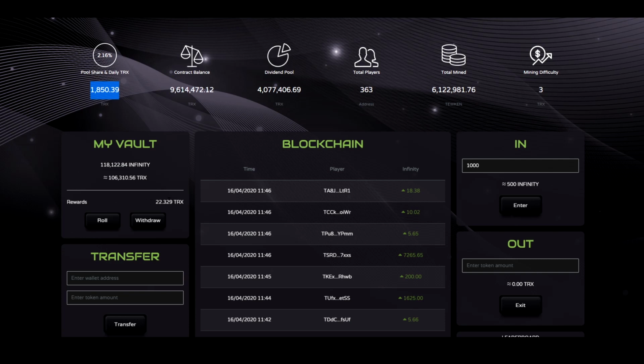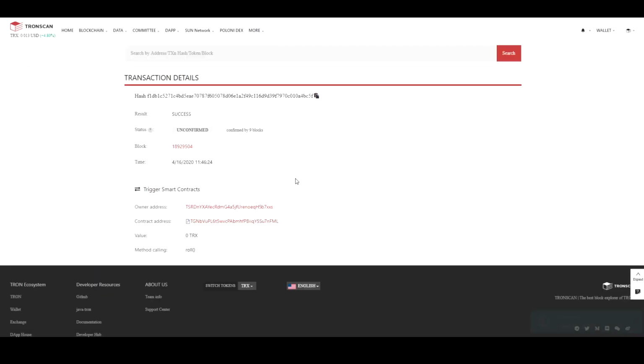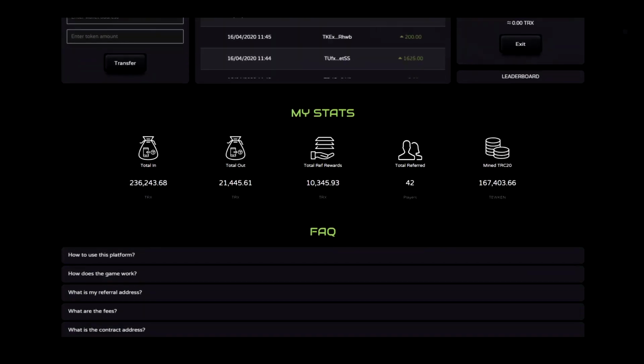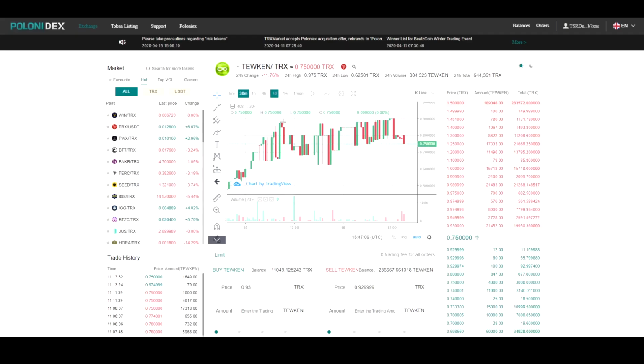If I do not roll or go in, this number will gradually decrease as everyone else does it around me. Here is my transaction. I can click on it. We can see that I mined Tewkens, and we can also see them over here.